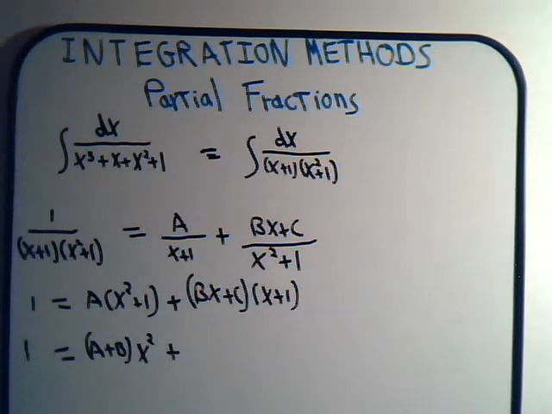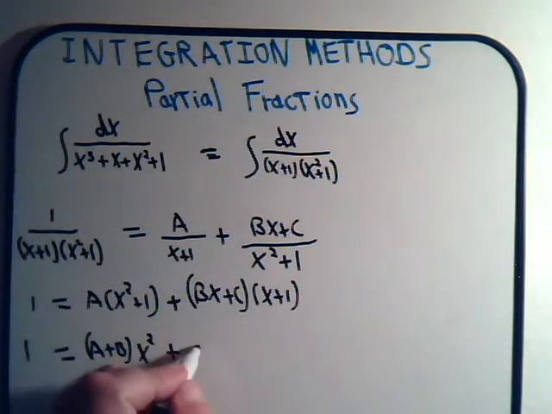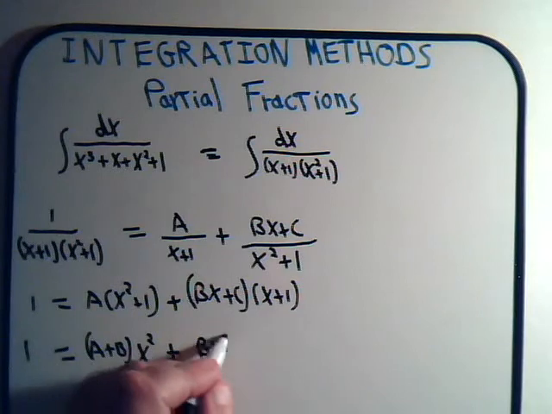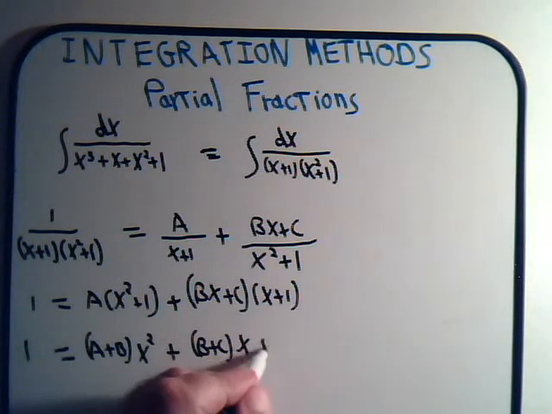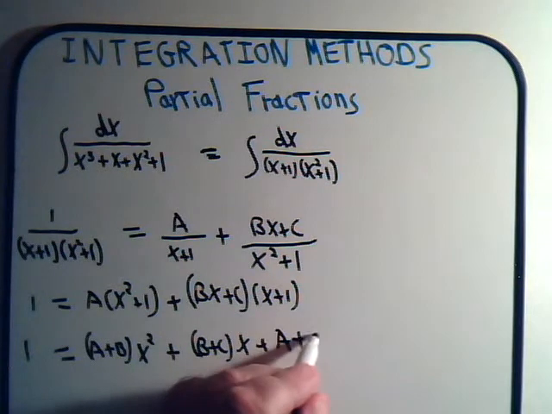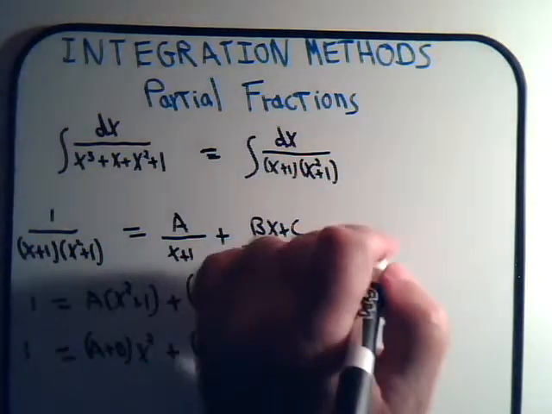Plus, here we have Bx, and if we multiply through, we'll have C times x here, so B plus C times x. And for constants, we have A, and multiplying over here, we'll have C, so plus A plus C.